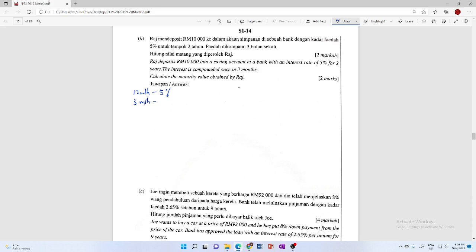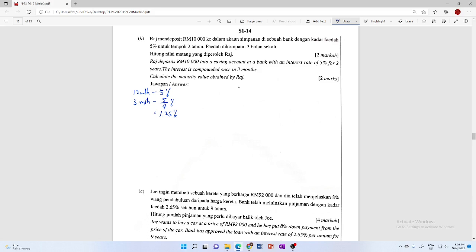3 months, the percentage will be 5 divided by 4 times percent, and equals to 1.25%. So 3 months will get 1.25%.